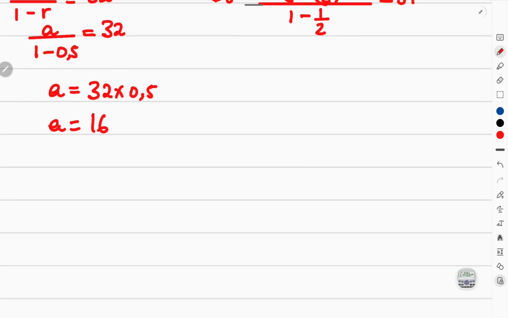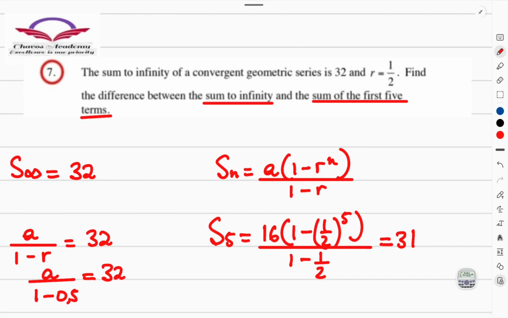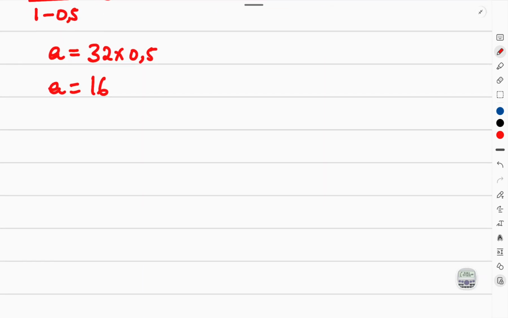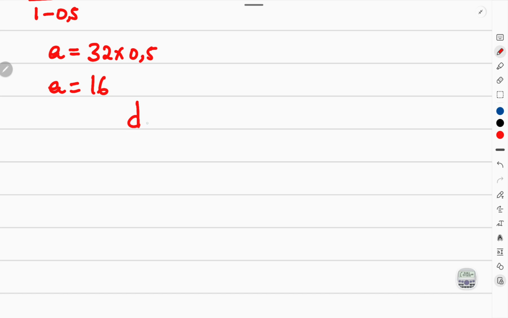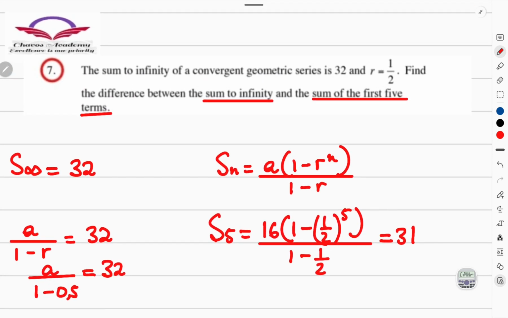So for us to get the difference between the sum to infinity and the sum of the first five terms, the difference equals the sum to infinity minus the sum of the first five terms.